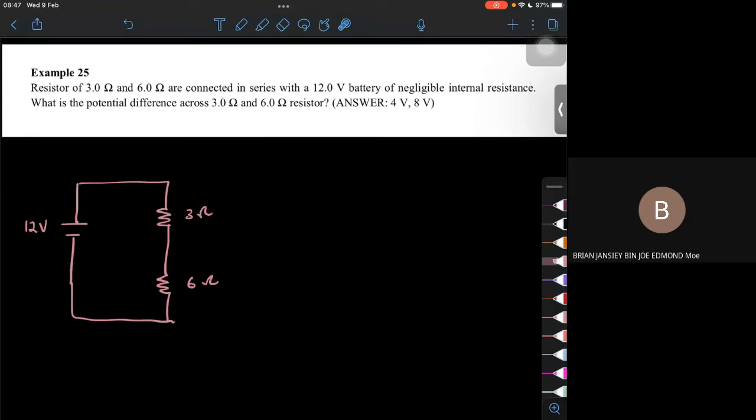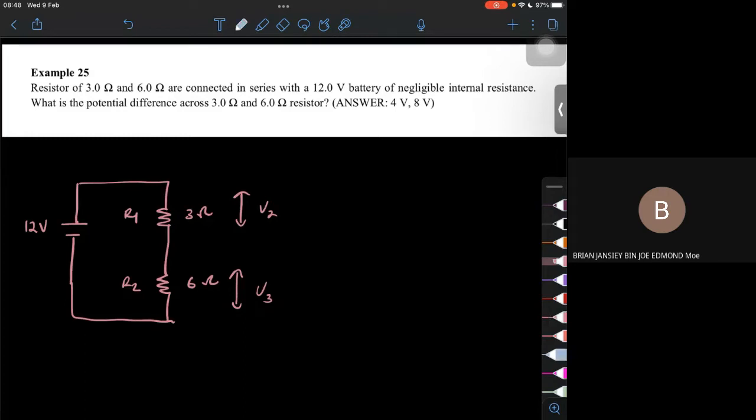It's basically the same thing. So the question asks to find what is potential difference across 3 ohm, maksudnya the voltage across this resistor. So here let's label this one R1, R2. So we want to find V2 and V3.